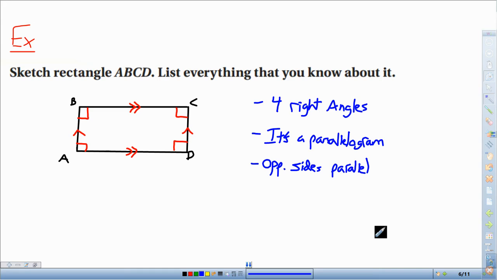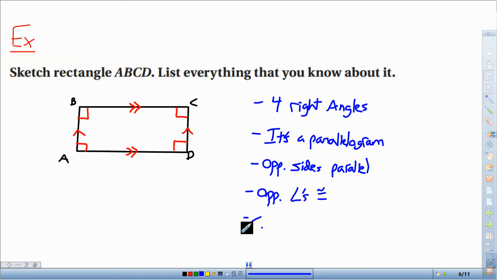All right. Well, let's stay on that theme. Going back to angles, if this thing's a parallelogram, I know opposite angles are congruent. Let's add it. Opposite angles congruent. What else do I know about the angles of a parallelogram? Well, we know that consecutive angles are supplementary. They add to 180.